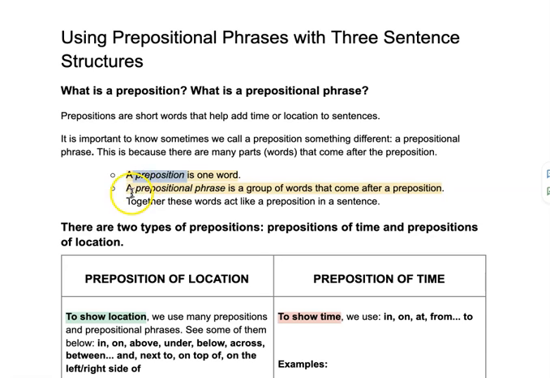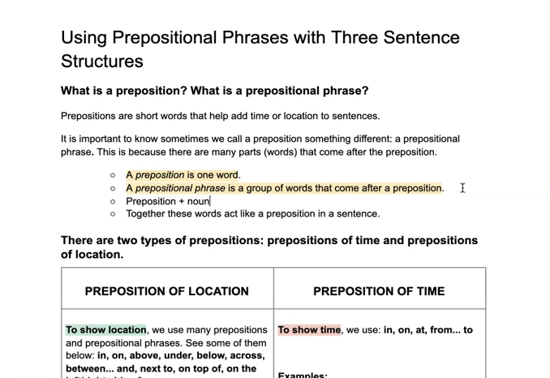And that is when we call it a prepositional phrase. A prepositional phrase is a group of words that come after a preposition. This means that it is a preposition plus noun. This together is called the prepositional phrase.